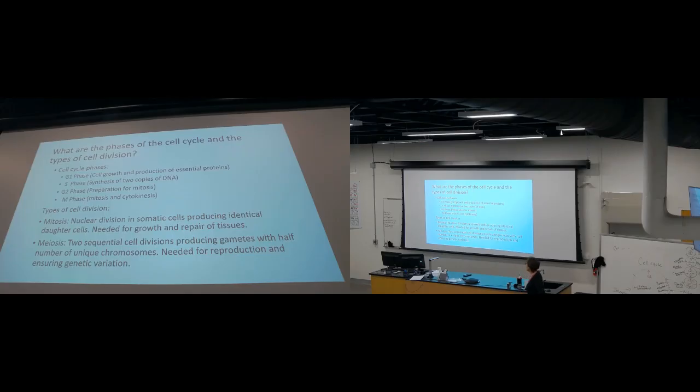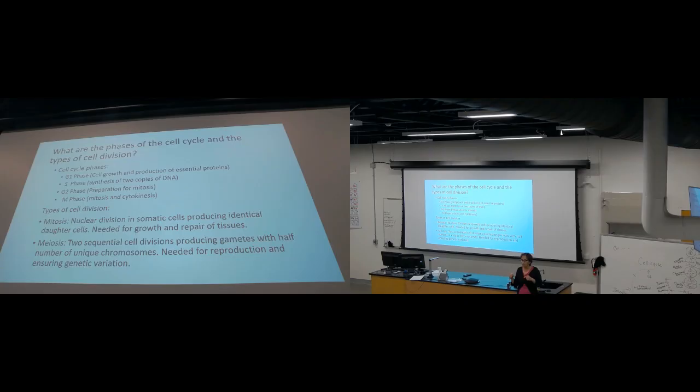Now for meiosis. Meiosis is basically two sequential cell divisions that are required to make gametes, which are sperm cells and egg cells. And we have mitosis as the process to repair tissues or to make organs or tissues grow.